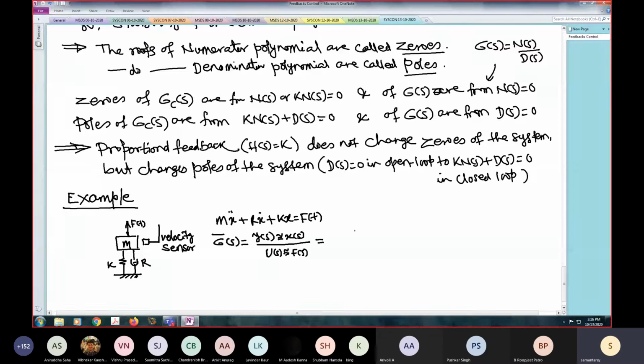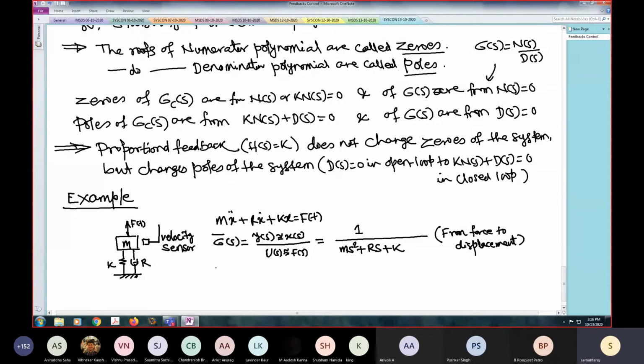That turns out to be 1 by ms square plus rs plus k. This transfer function is from force to displacement.